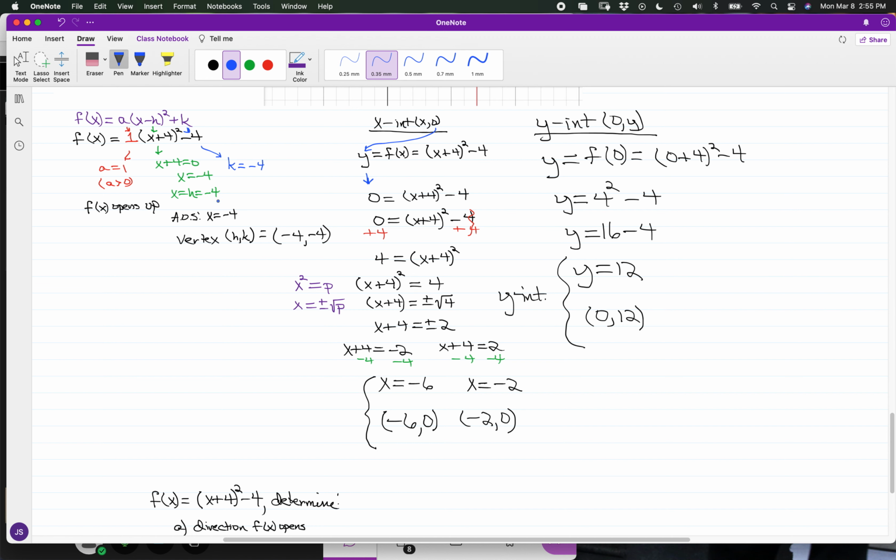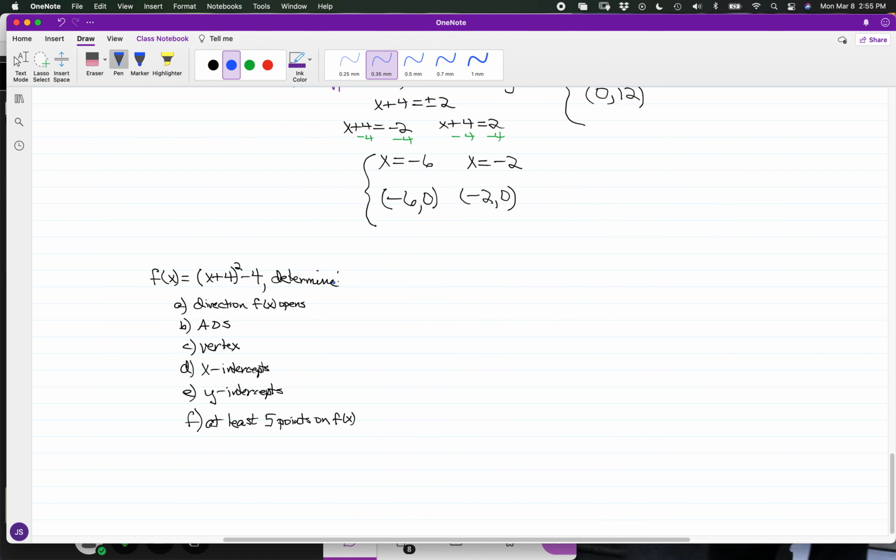Vertex, we have at negative 4, negative 4, since both h and k are at negative 4.